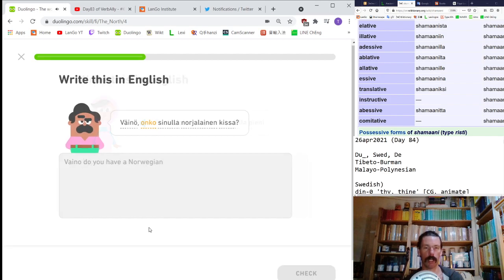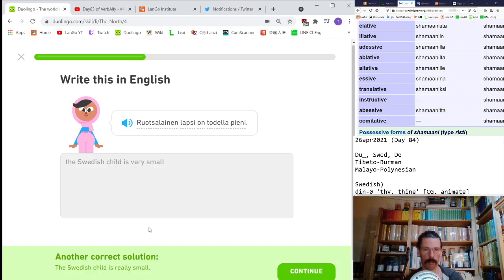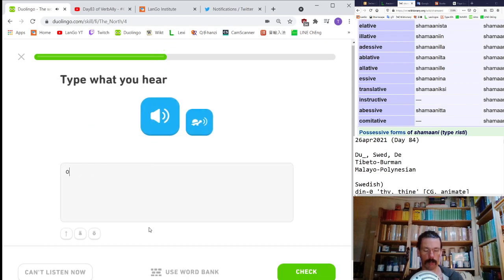Yep, forgot the cat. Ruotsalainen lapsi on todella pieni. Swedish child is todella pieni, very small. Olen ruotsalainen. I am, right? I am ruotsalainen, Swedish.